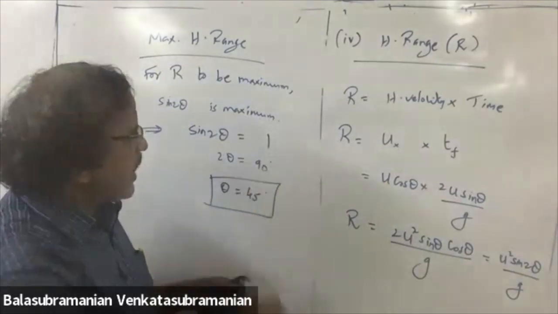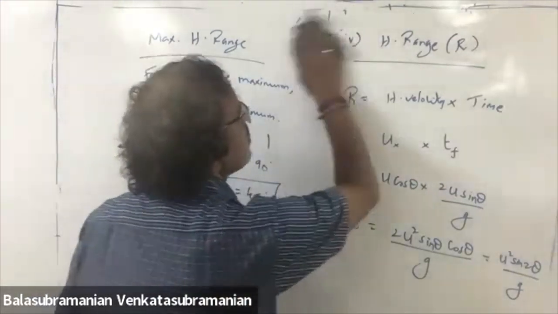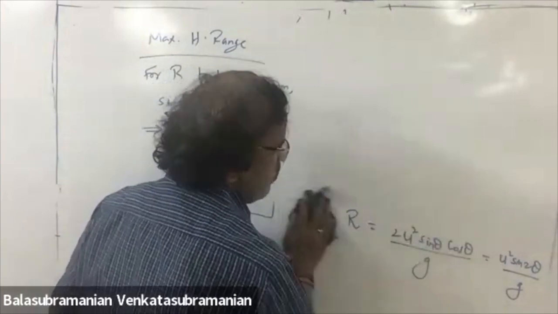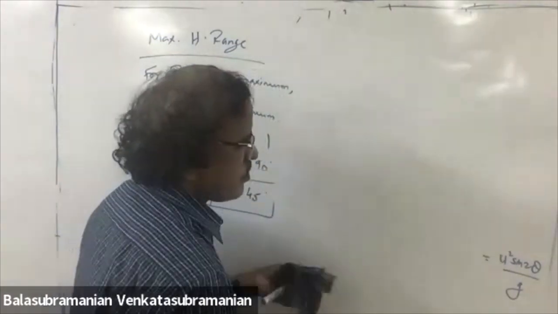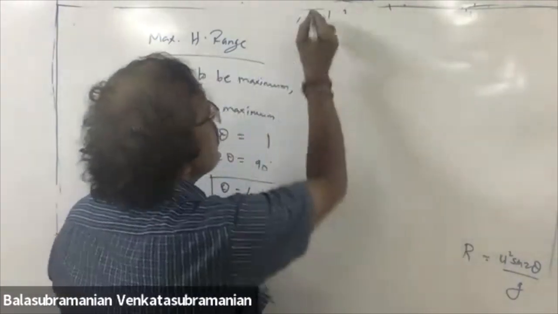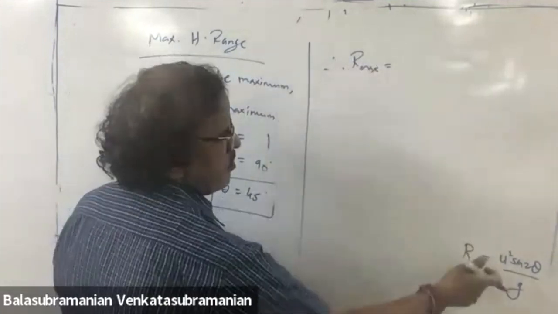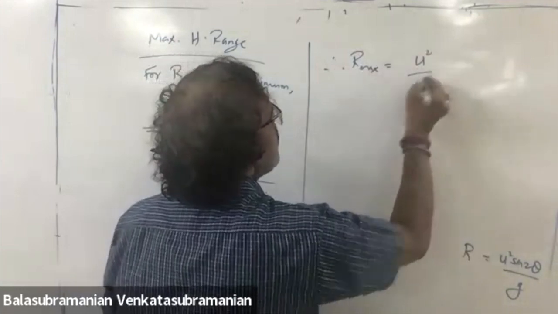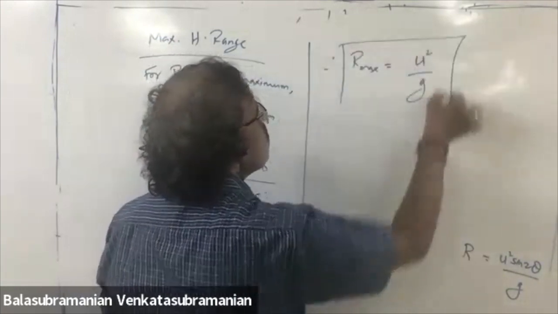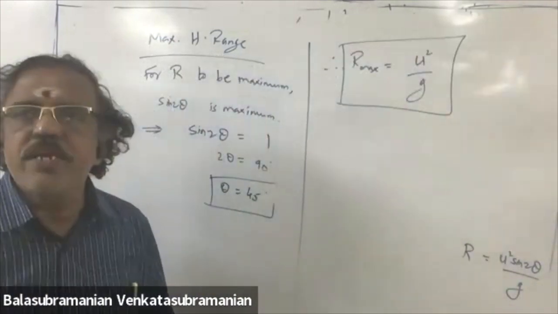So when you substitute sin 2 theta is equal to 1, how this equation will change? Therefore, R max is equal to U square by G, because sin 2 theta becomes 1.